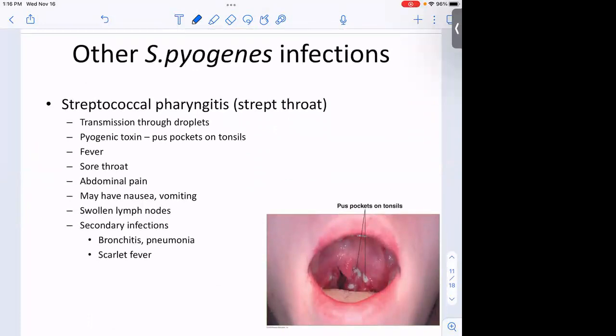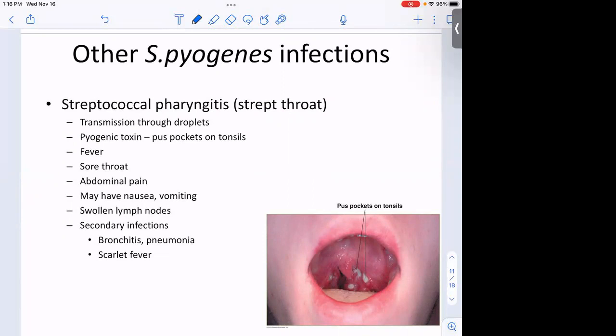Okay, so beyond skin infections, the infection that I think of first when I think of strep pyogenes is strep throat. So of course, not all sore throats are due to strep pyogenes. Most of the time, they're going to be viral.